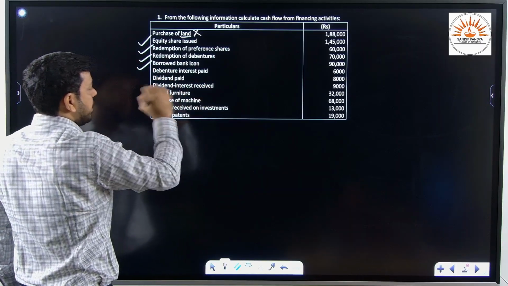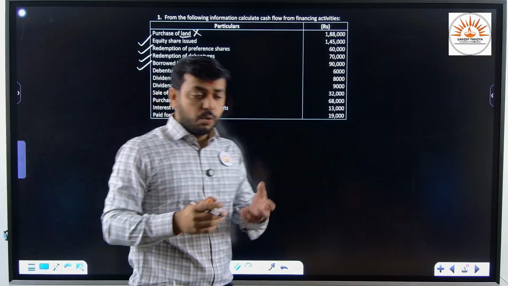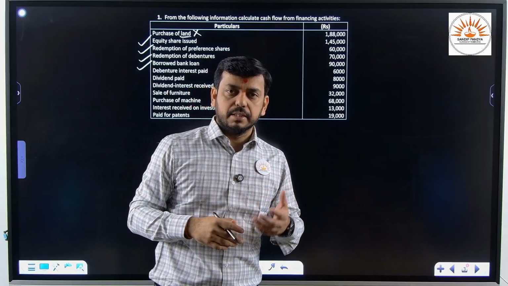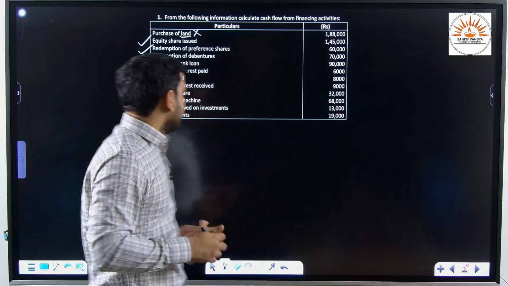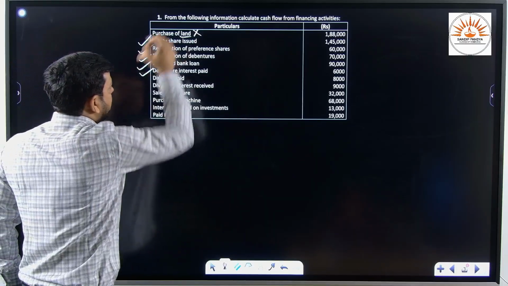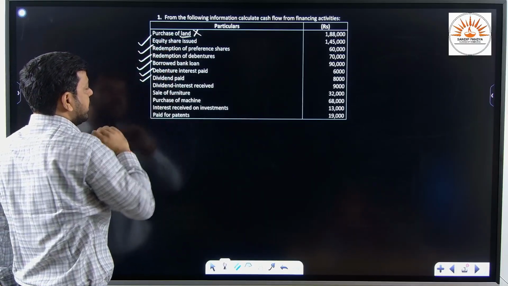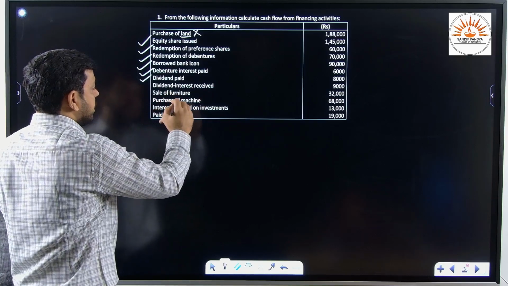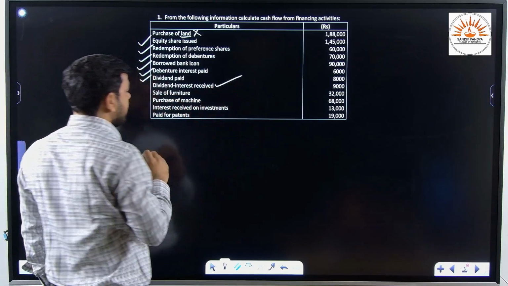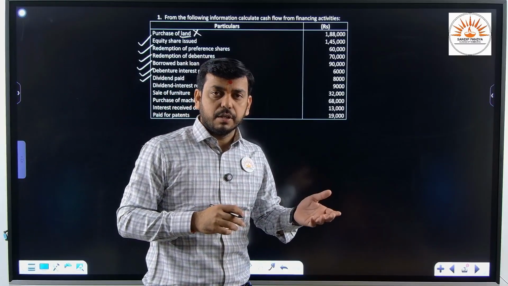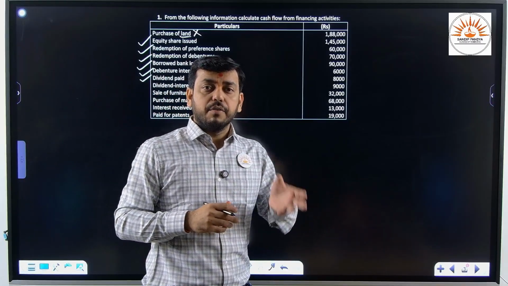Debenture interest paid: debenture is a loan we have borrowed from the debenture holders, on which we are supposed to pay interest, so that is also a financing activity. Dividend paid: we usually make a payment of dividend on equity share or preference share, hence it is also a financing activity. Dividend or interest received, we receive wherever we have made an investment, so this is a part of investing activity.